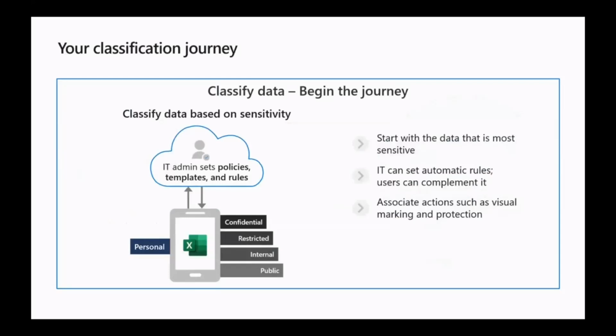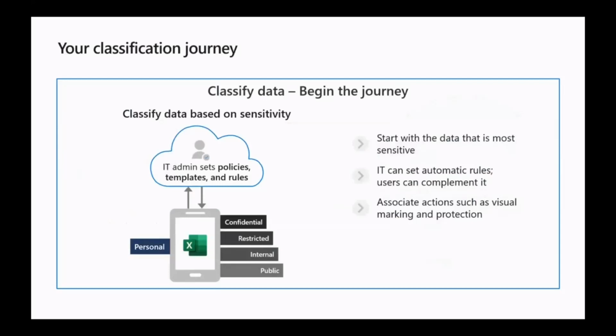Or if that information is, for example, for a marketing campaign, maybe it could only be restricted until that campaign has started, and maybe nobody else should be allowed to see that information. The point is, you need to start with the data that is most sensitive, defined by contents, defined by owner, defined by author, and so on and so forth.